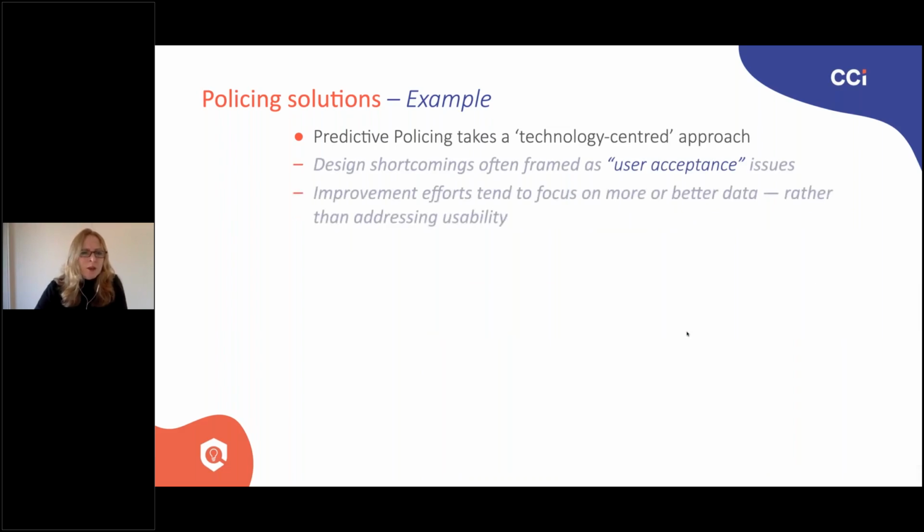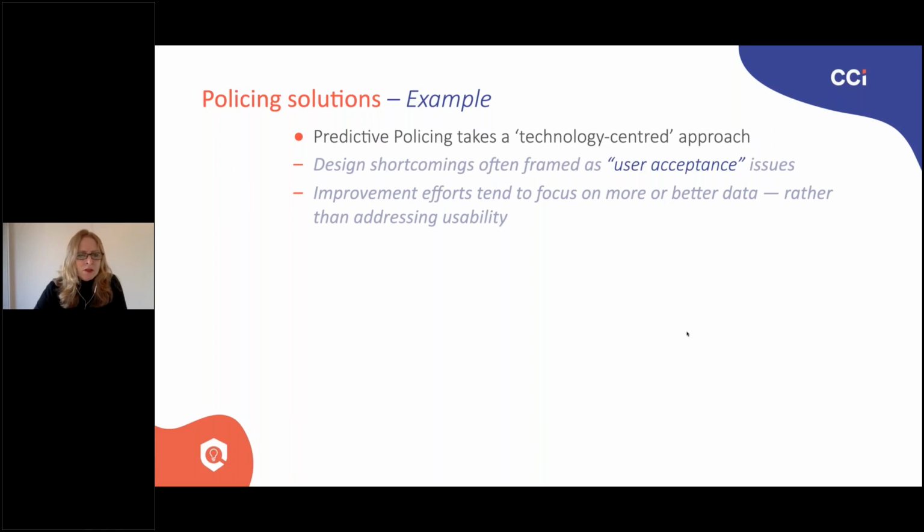And what's interesting about predictive policing is, because it takes a technology-centered approach, how it deals with issues that arise. We noticed that any design shortcomings are often framed as user acceptance issues. So instead of saying there's something wrong in terms of the design of predictive policing, it's said that there's something wrong with the people for not accepting that particular technology.